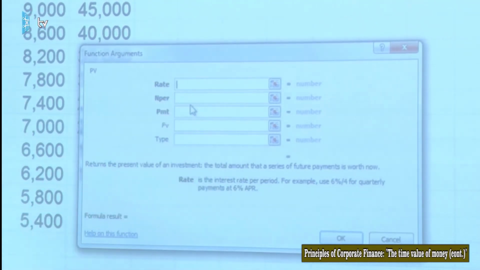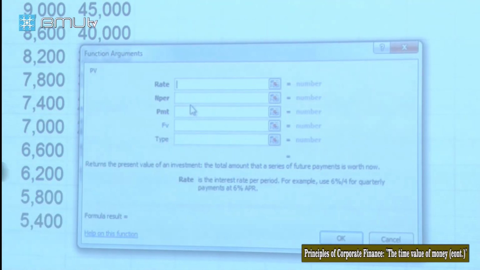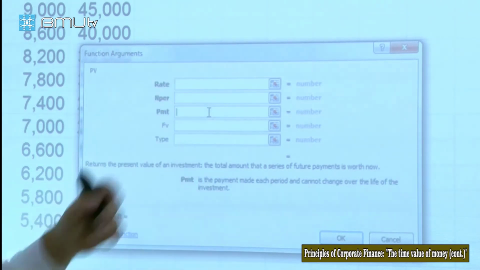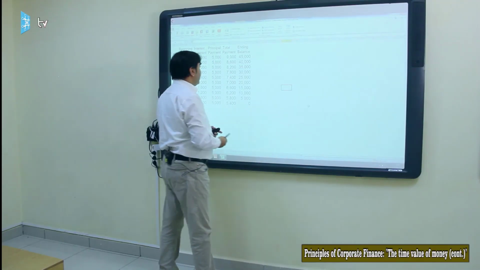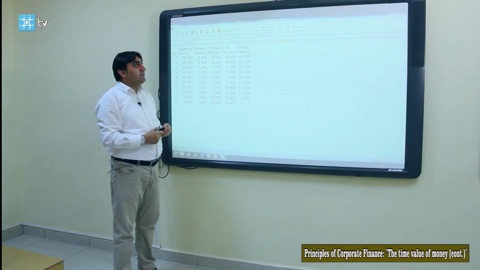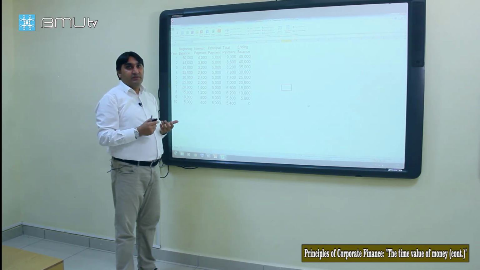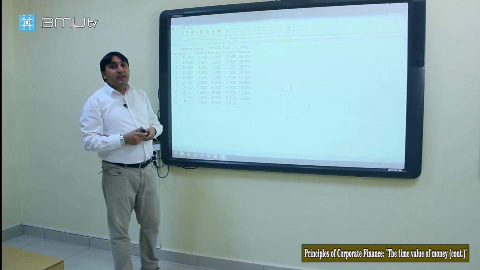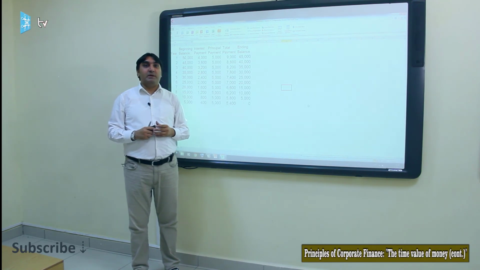We put in the number of periods and future value, and we get the present value of a single cash flow, or if we put in payments and other indicators, we get the present value of an annuity. So Excel has all the details to find present value and future value of cash flows, and do all other financial calculations. This is a general summary about time value of money.